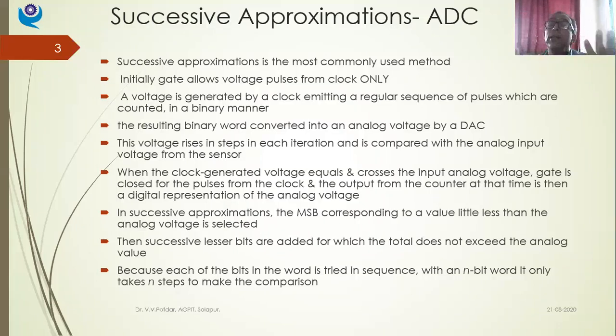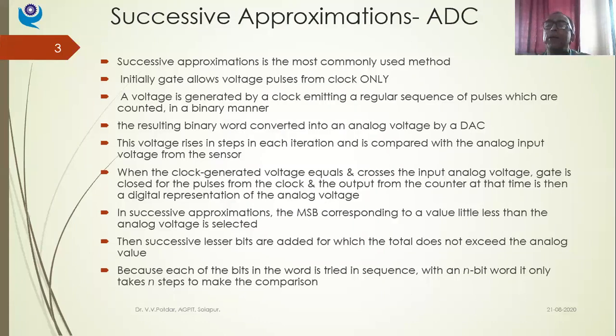I want to measure 9 volts, so what do I do next? I'll go to the next significant bit. 1000 corresponds to 2 to the power 3, which is 8; 2 to the power 2 is 4; 2 to the power 1 is 2; and 2 to the power 0 is 1.